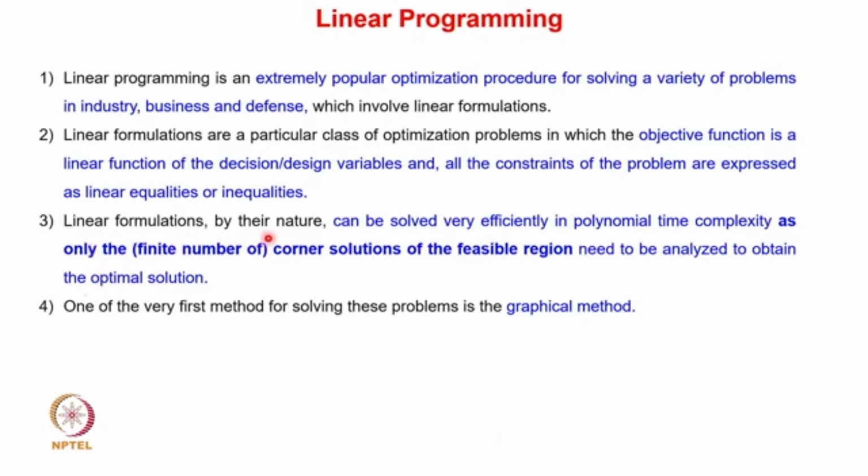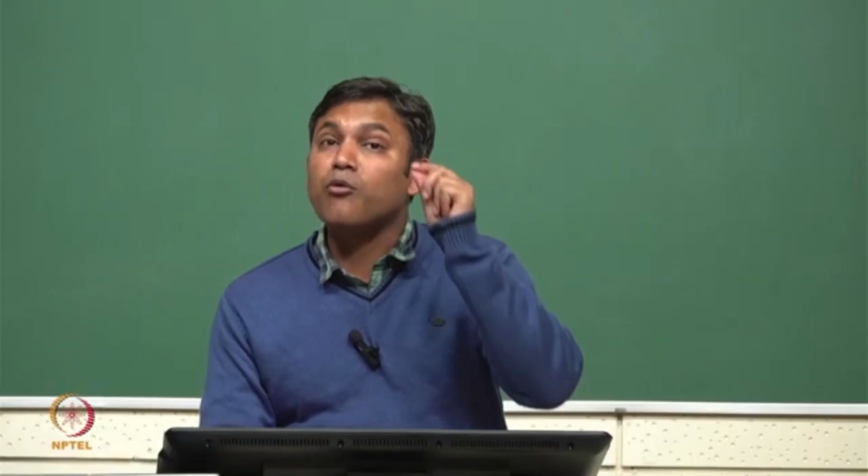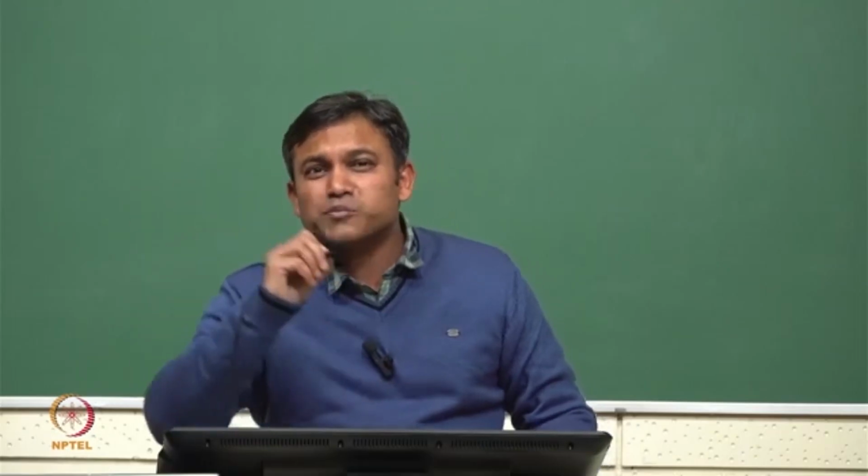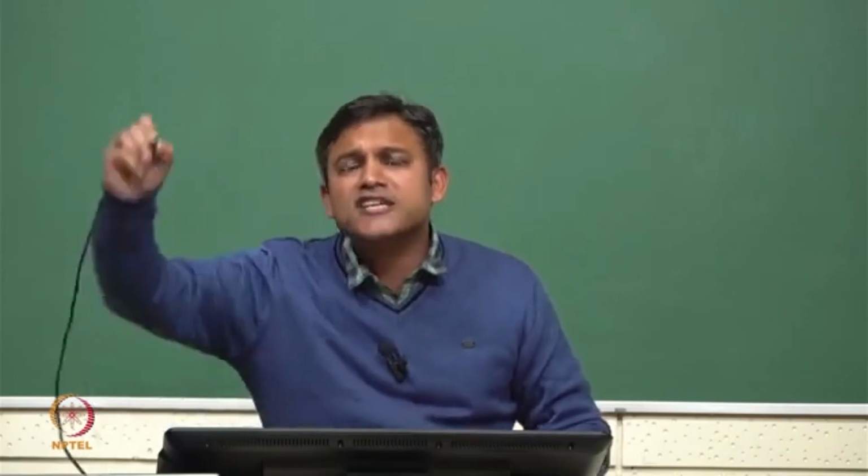So linear formulations by their nature can be solved very efficiently in polynomial time complexity. This is very important. Whenever we have a set of linear equations, we can solve them in polynomial time complexity. That means if the size of the problem increases, my time of solving is going to increase polynomially. It is not going to be exponential.